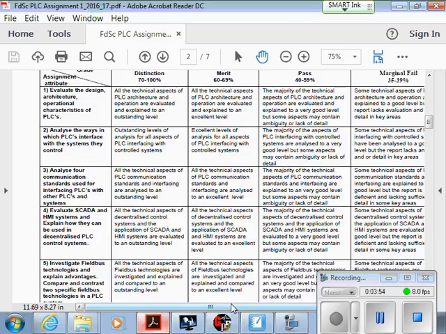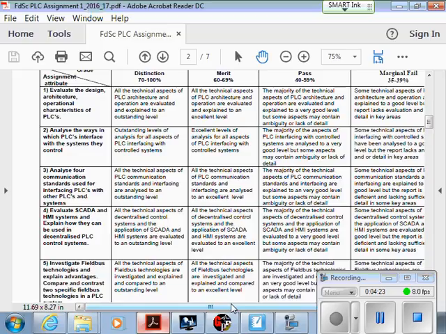It's almost like you've gone beyond where I might expect you to go, pushing into the high end of that area. If you're a merit, it says excellent levels of analysis for all aspects of PLCs interfacing with control systems. You'll have done everything I would expect you to do in light of the question being asked, what's been taught, and what I would expect you to read up about at this level.